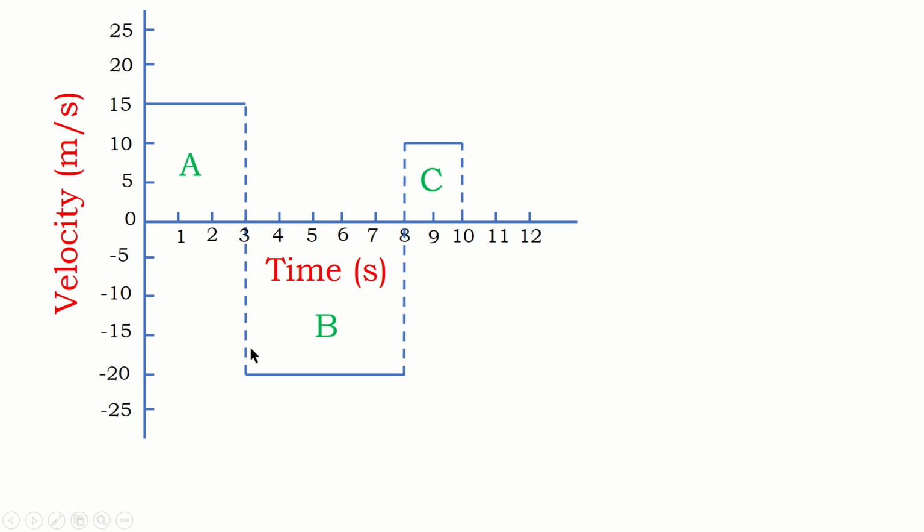A minus B plus C gives displacement because rectangle A represents positive displacement, rectangle C again represents positive displacement, but rectangle B represents negative displacement. If numerically these areas are added with proper sign, then we get displacement. But if they are just added to each other, A plus B plus C, it gives the distance. The addition of the areas of the rectangles gives distance.